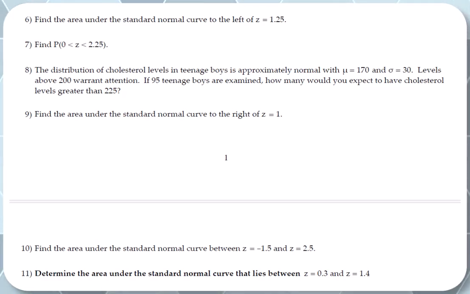Number 8, the distribution of cholesterol level in teenage boys is approximately normal with mean 170 and standard deviation 30. Levels above 200 warrant attention. If 95 teenage boys are examined, how many would you expect to have a cholesterol greater than 225? Before we figure out how many, we need to find the probability that a teenage boy will have a cholesterol level of more than 225. So here's how we do that.